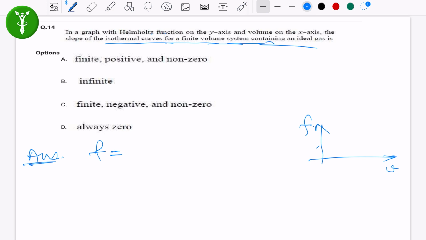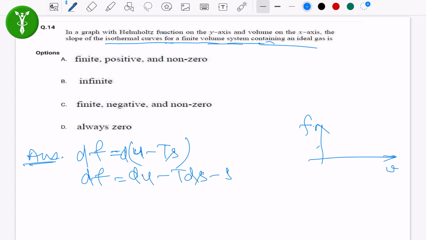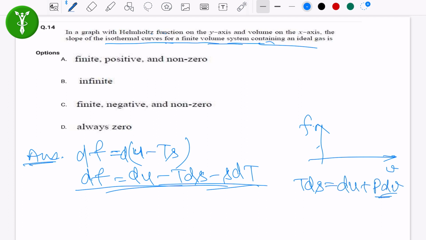F is equal to U minus TS, right? If we take differentiation of both sides, it will give TdS minus SdT. We use the TdS relation because here no volume term is appearing, but in the TdS relation we can get the volume term.